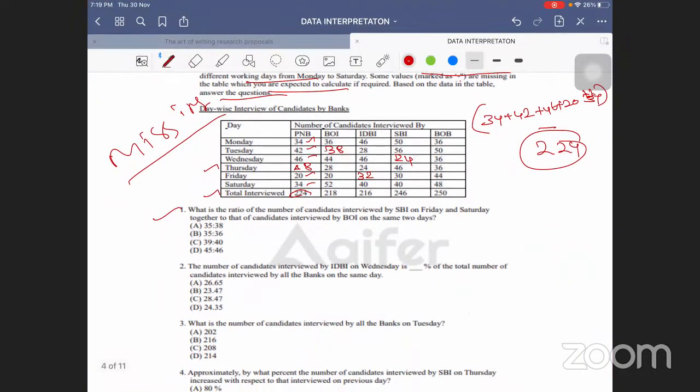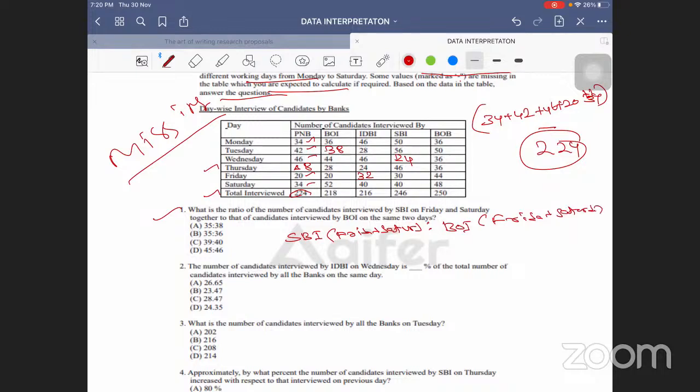First sum: what is the ratio of the number of candidates interviewed by SBI on Friday and Saturday together, and that of the candidates interviewed by BOI on the same days? So they are asking the ratio of SBI Friday plus Saturday to BOI Friday plus Saturday.